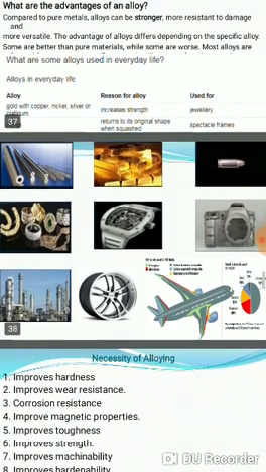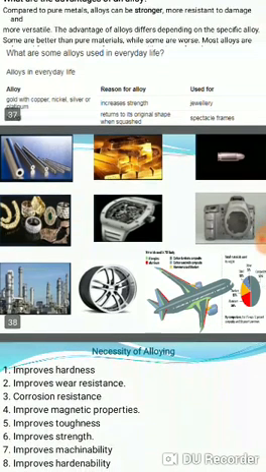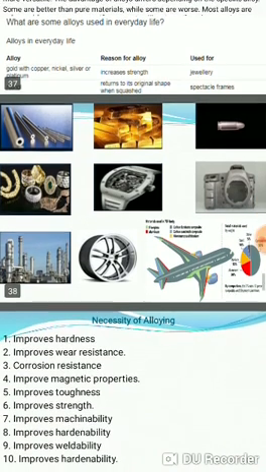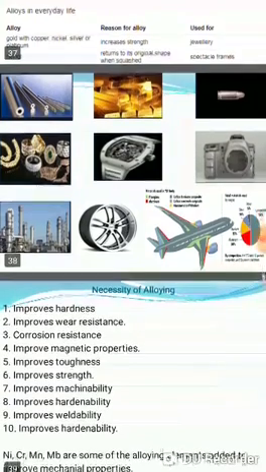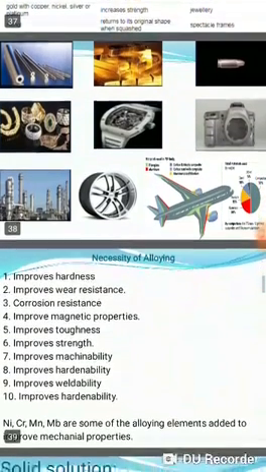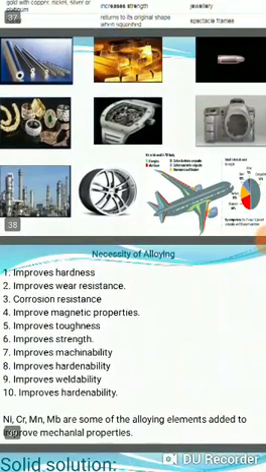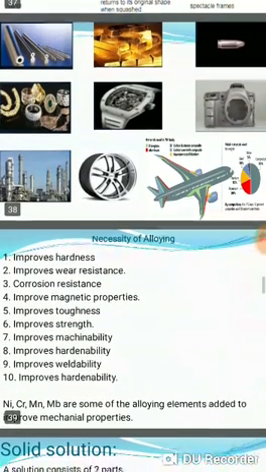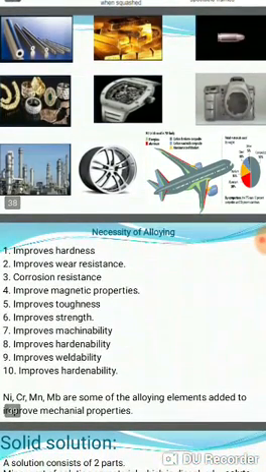Now, when we come to the advantages of an alloy, the advantages differ depending on the specific alloy. Some are better than pure materials, while some are worse. Most alloys are certainly used for many purposes. In 1906, precipitation hardening alloys were discovered by Alfred Wilm.